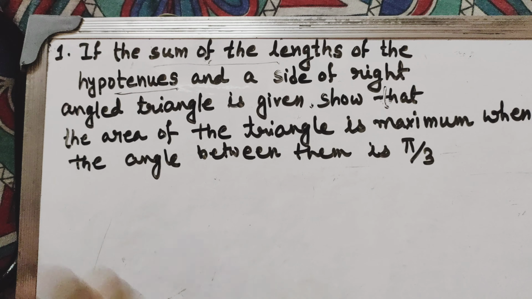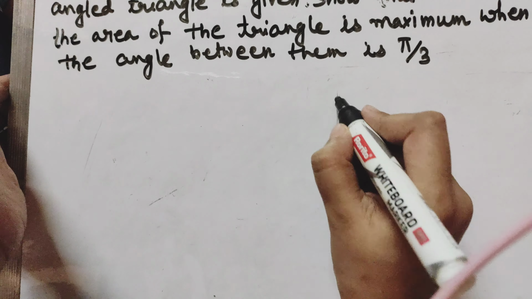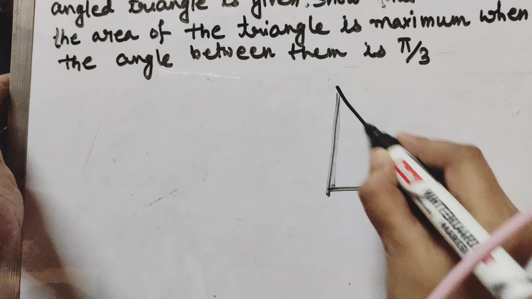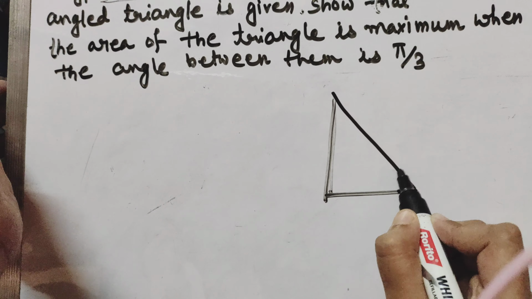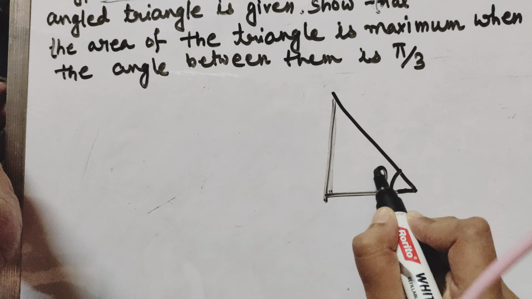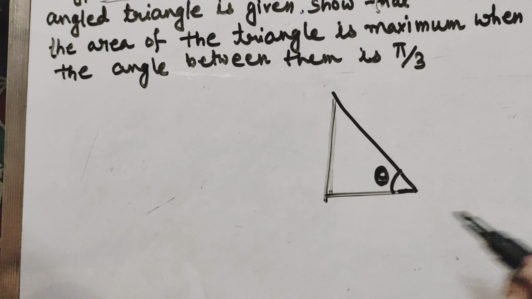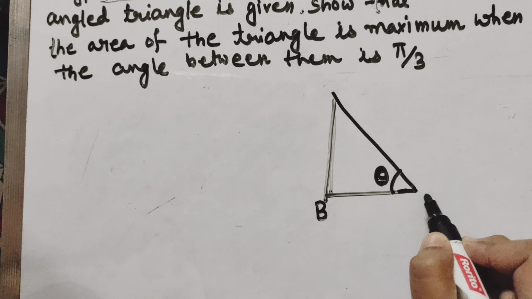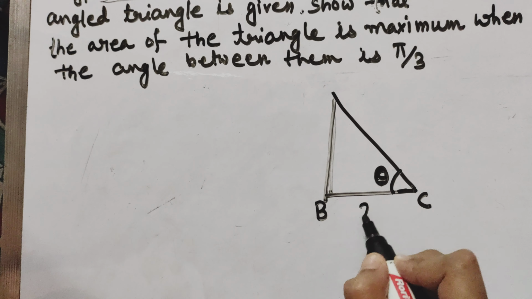If we want to draw this as a figure, this is our right angle, right? Let's assume that this angle is theta, and this is the base of the right triangle, that is BC, and we assume this length as x.